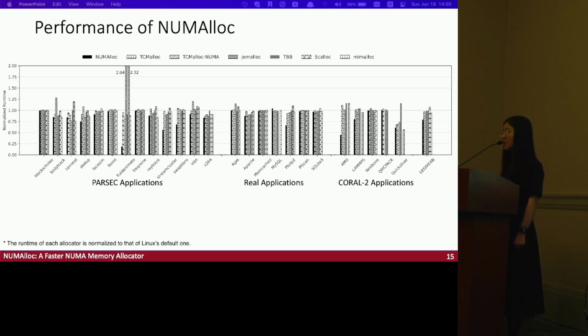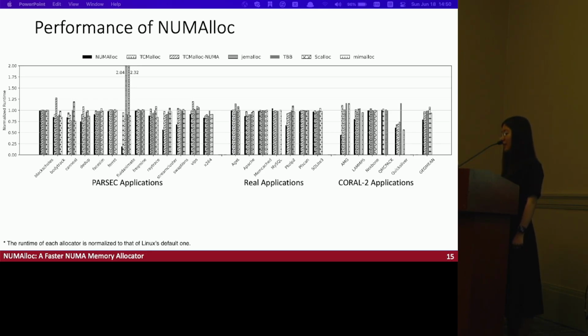In this figure, the runtime of different applications on each allocator is normalized to that of the Linux default one. As shown in the figure, for almost all evaluated applications, NUMAlloc runs the fastest. Only in a few cases is it slower, but only slightly.